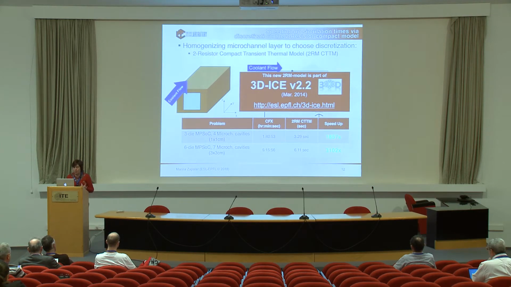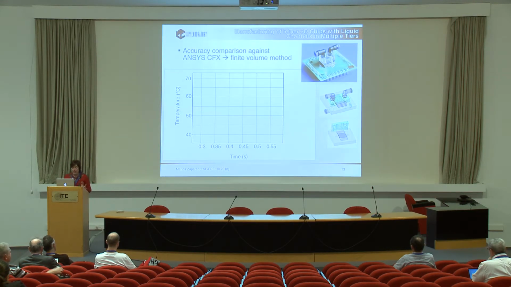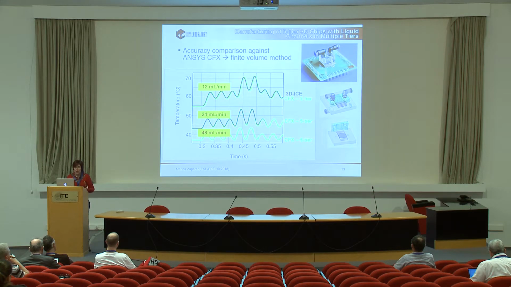But we've been doing way more things, right? So just let me show you very quickly the kind of accuracy you get, okay, when you run 3D-ICE for interlayer liquid cooling. Here you have first, for different water flows, because those are tuning parameters, so how fast are you going to pump the liquid through the microchannels, okay? And how much liquid are you going to pump through those microchannels? What you would obtain with ANSYS CFX, that is really the most accurate thing we could do, right? Compared with 3D-ICE.